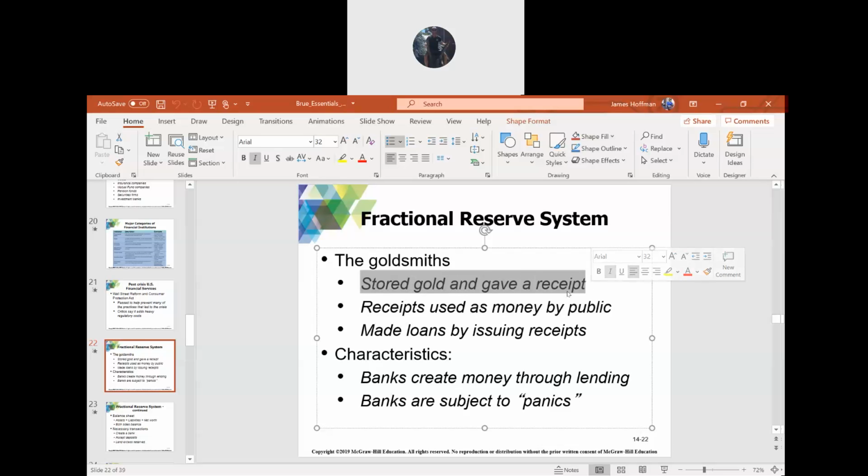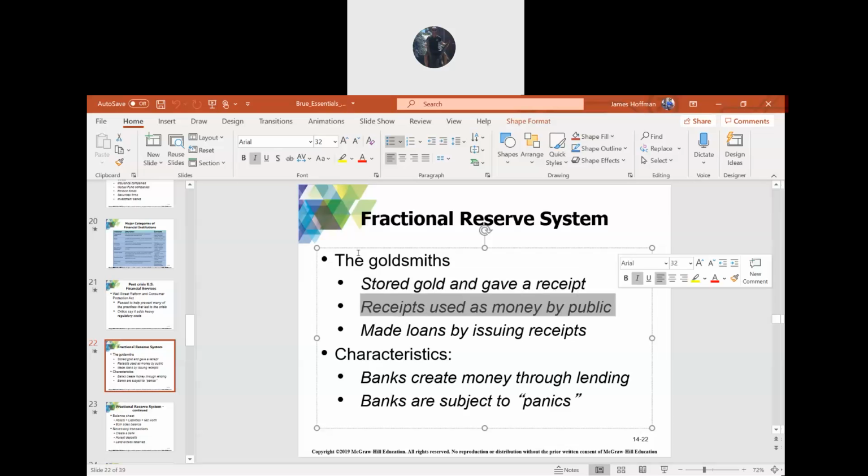So what the goldsmiths did, as a profession, is they took people's gold and gave them a receipt saying this is how much you have in our bank. People preferred that because they had an IOU, just a piece of paper, pretty much a paper note that said you have $100, you have $1,000, whatever. That was easier to travel with and harder to steal.